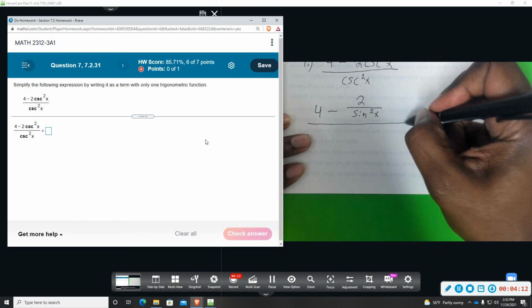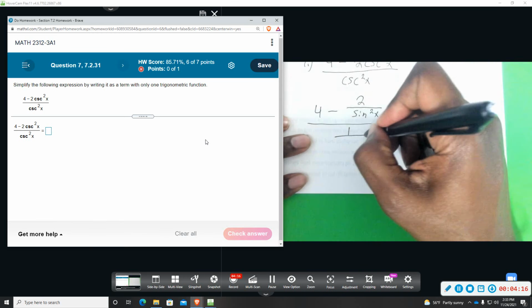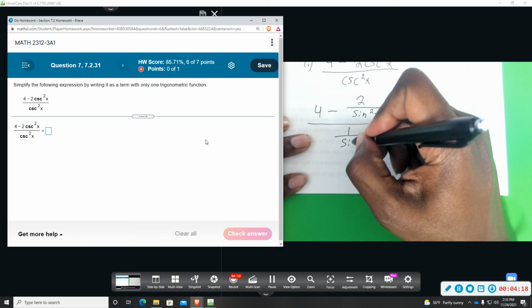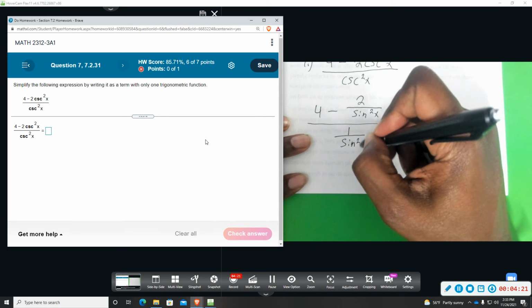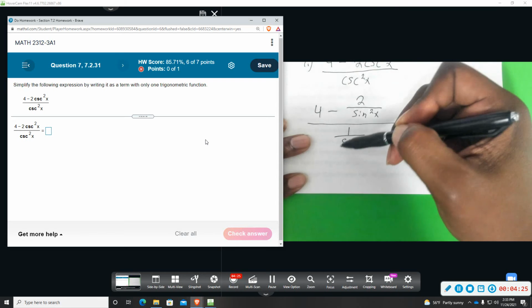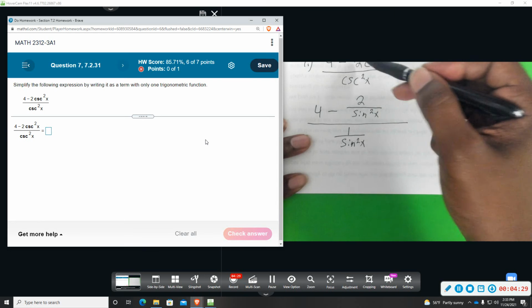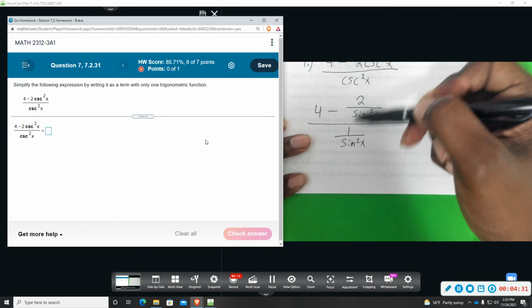And then on the bottom, we have 1 over sine squared x. Alright, so again, the reason why this 2 is on top is the coefficient out front. 1 on top here because 1 was the coefficient out front. So whatever the coefficient out front is being multiplied, which is going to go on top.